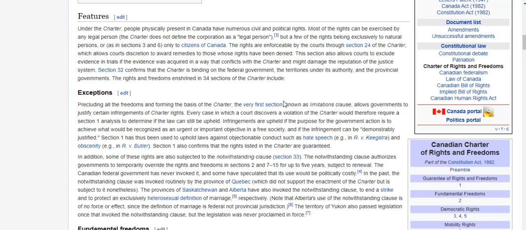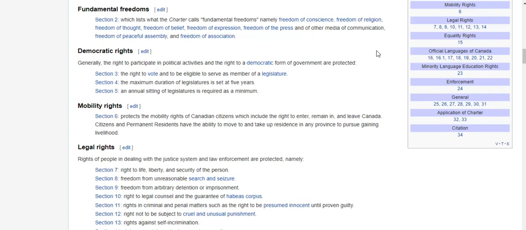Note that Alberta's use of the Notwithstanding Clause is of no force or effect, since the definition of marriage is federal, not provincial jurisdiction. The Territory of Yukon also passed legislation once that invoked the Notwithstanding Clause, but the legislation was never proclaimed in force.